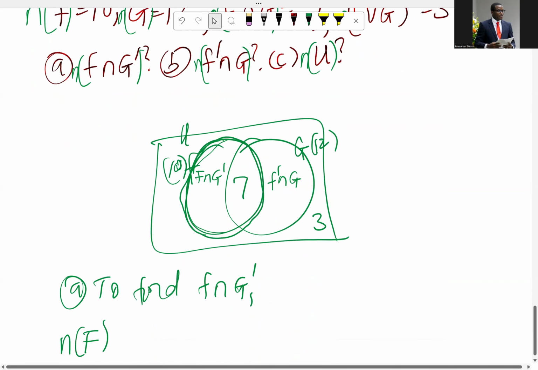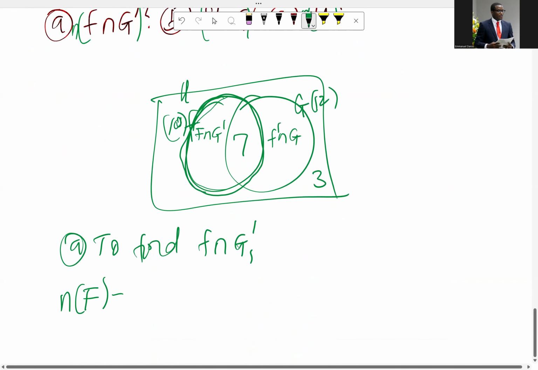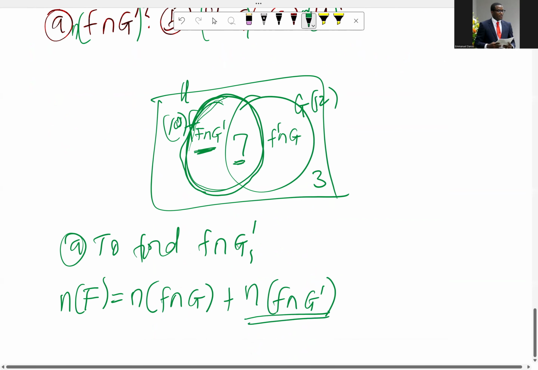So the cardinality of F is actually the addition of F intersection G prime and this. So it means the cardinality of F intersection G plus the cardinality of F intersection G prime. So this is the first thing we are looking for, those who play F only.